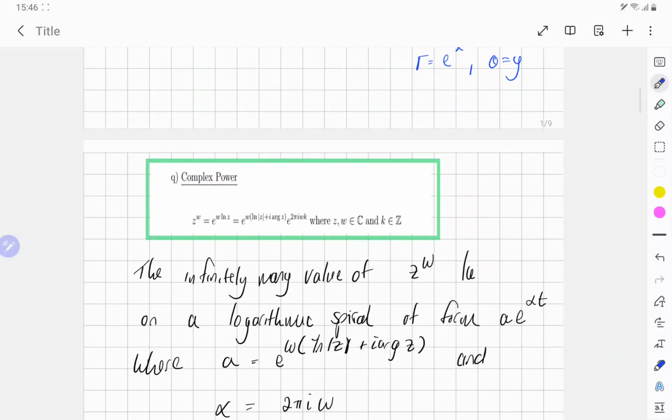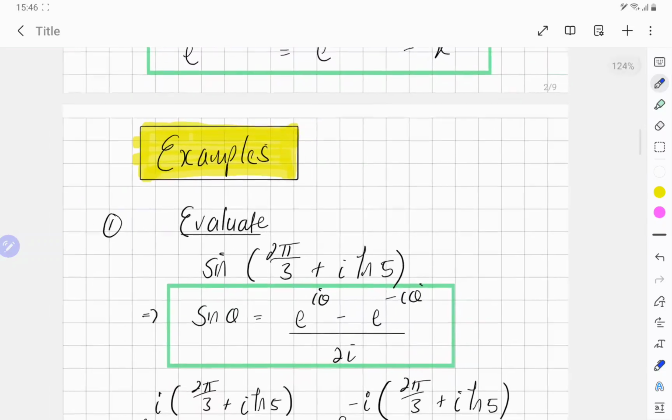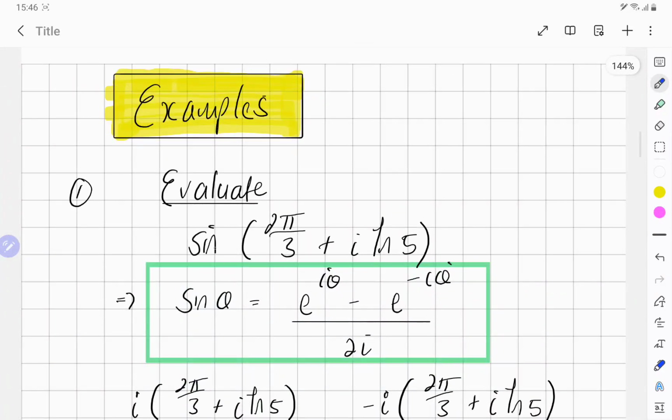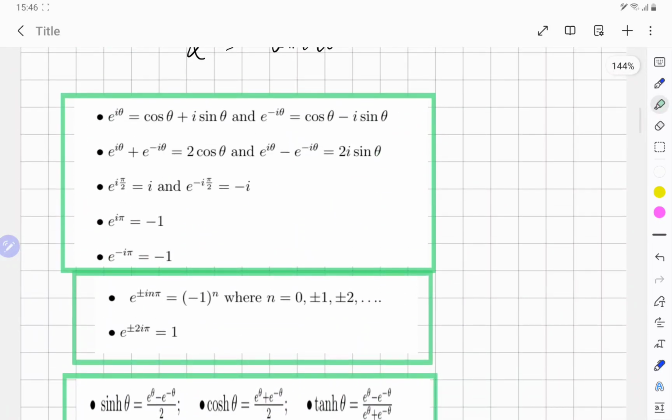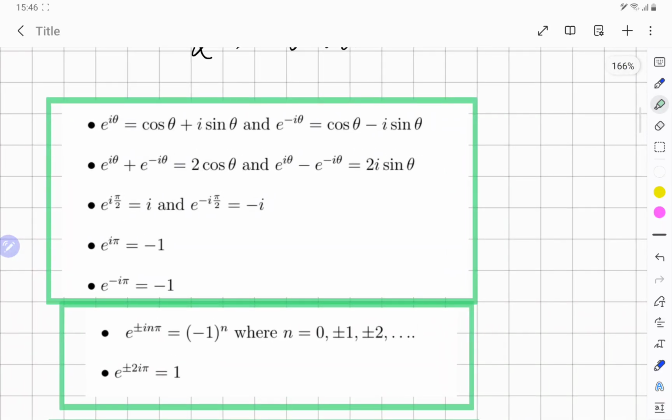So now, let's do an example of how to evaluate the sine of this angle. I want you all to make sure you study these formulas very well. Recall this is Euler: e to the i theta is cos theta plus i sin theta, and e to the negative i theta is cos theta minus i sin theta.